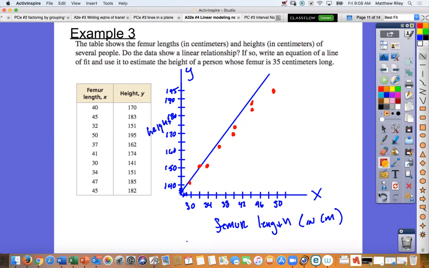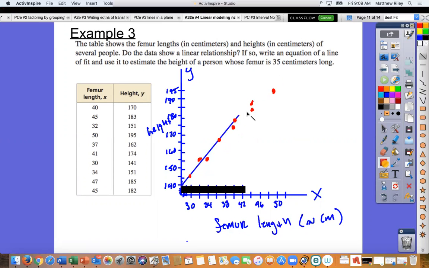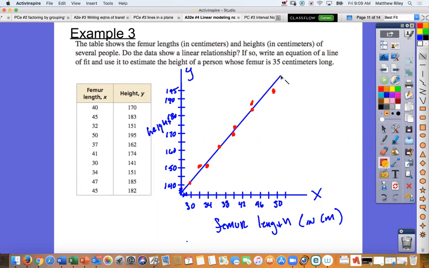So instead, I want to try and find the pattern, and I want about as many above it as below it. Now that's a pretty good, maybe not perfect, but pretty good line of best fit. Perhaps a better one, start a little lower, would be something like that.